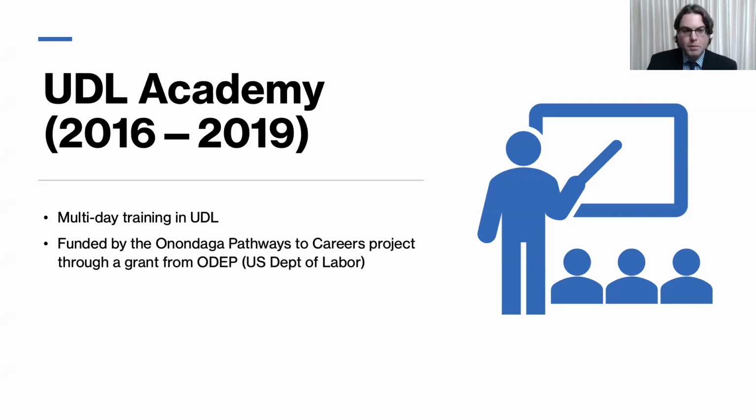So the UDL Academy was funded by the Onondaga Pathways to Careers project through a grant from the Office of Disability Employment Policy, which is through the U.S. Department of Labor. And so the Onondaga Pathways to Careers project prepares young adults with disabilities for skilled careers by providing them with the opportunity to enroll at Onondaga Community College, earn an industry recognized credential, and acquire a job that pays a living wage in high growth industries in the local workforce.